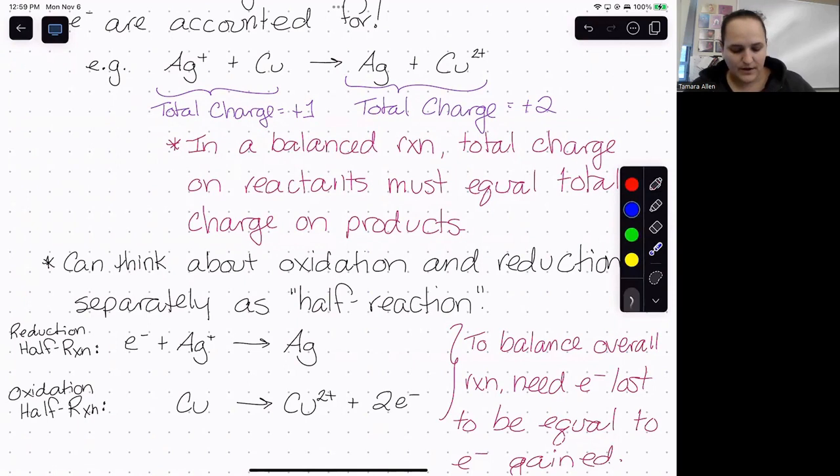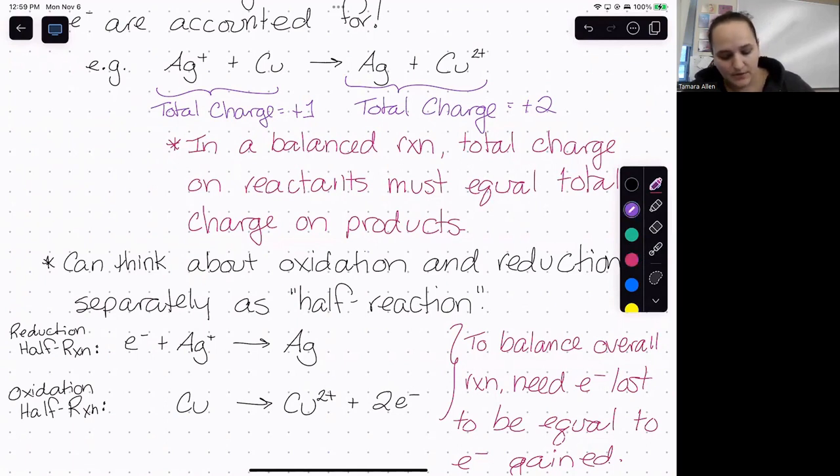So we can see when all of our coefficients from our reaction are 1, we had 1 silver, 1 copper, 1 copper. We are gaining 1 electron in the reduction, but we're giving off 2. So in order to balance our overall reaction, we need to make those numbers equal. And we can do that by multiplying either or both of our half reactions, however is necessary, by some factor in order to make those numbers be equal.